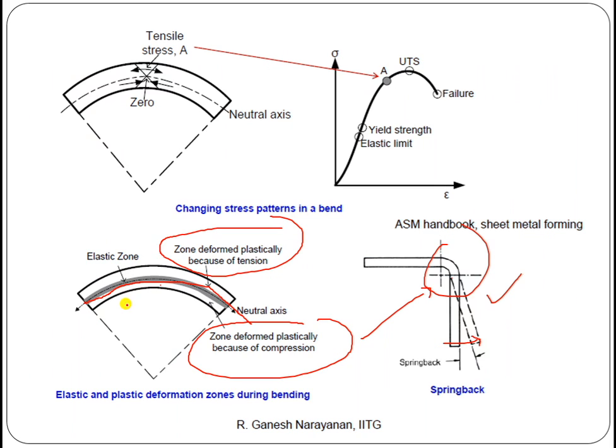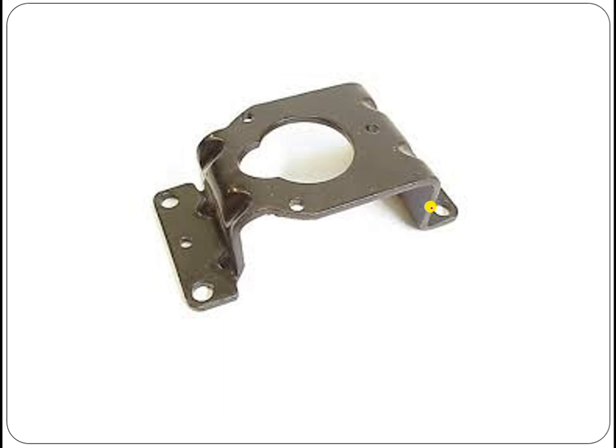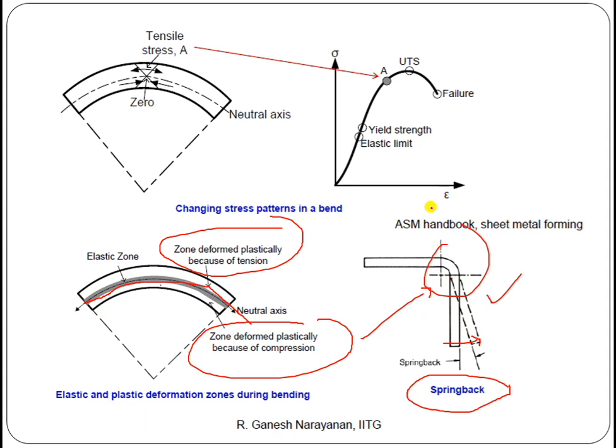The same thing is available here, so this spring back effect is generally observed in the bending operation. The important thing is that the bend angle should be properly selected as far as the bending die is concerned.